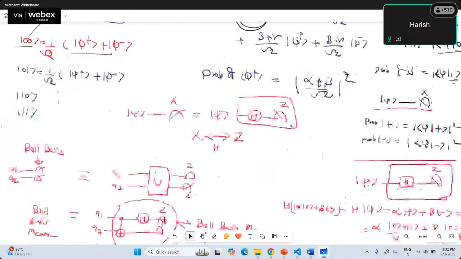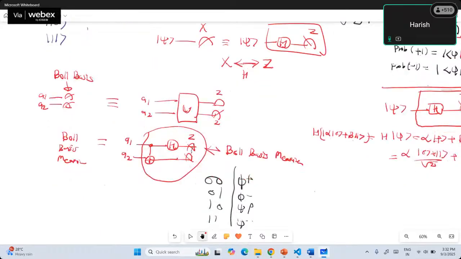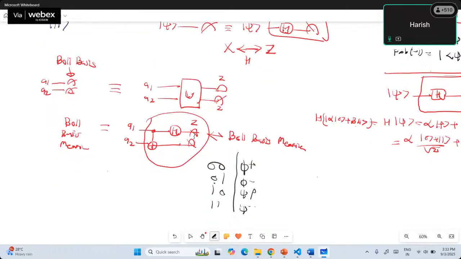So on measurement outcomes like 0, 0, 1, 0 or 0, 1, 1, 1, we can see that these four states are there. Suppose we measure these two bits as 0, 0, then we know that we have measured phi plus. Likewise, the others also.